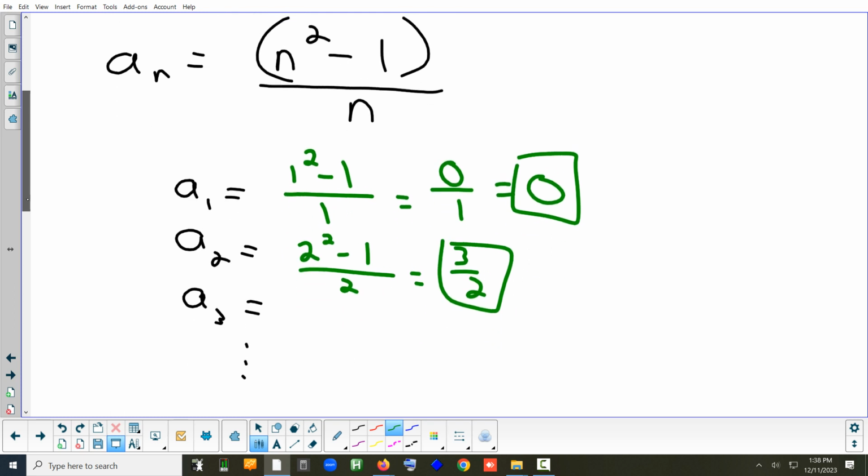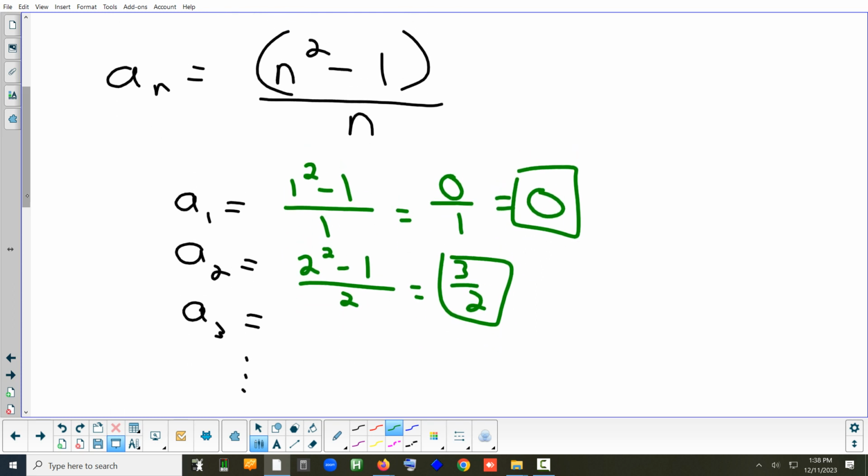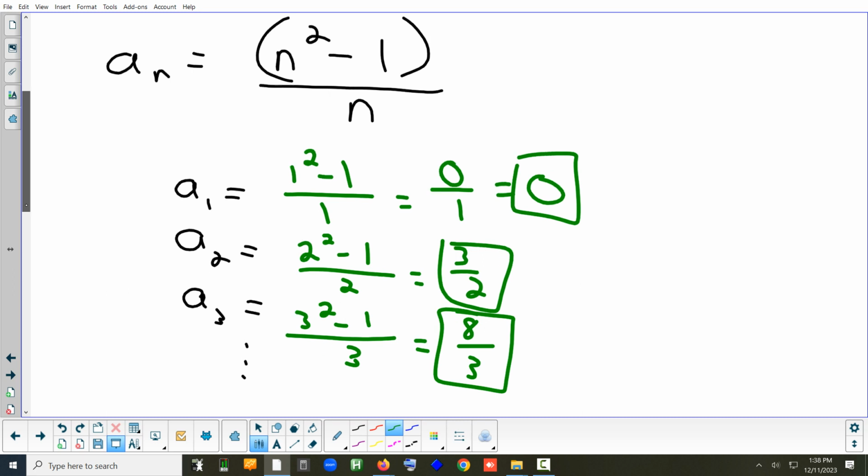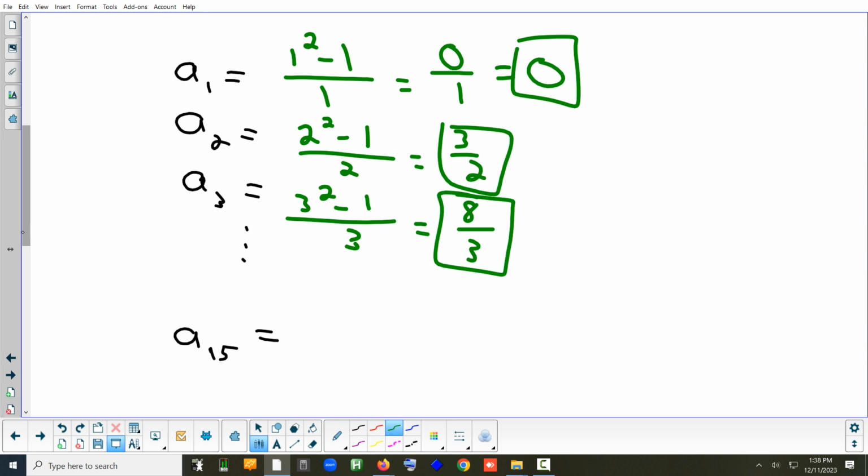Okay. What are we going to plug in to find the next one? Plug in 3. 3 squared minus 1 divided by 3. What's 3 squared minus 1? 8 divided by 3. Now let's do the 15th term.